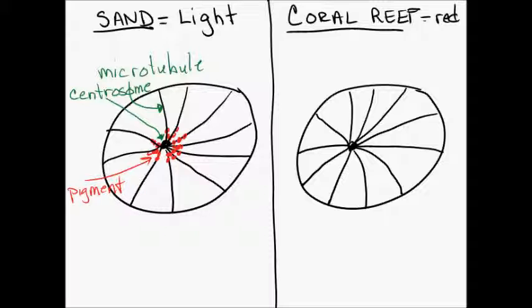In order for the cell to look light, first of all, the pigment has to cluster at the centrosome.